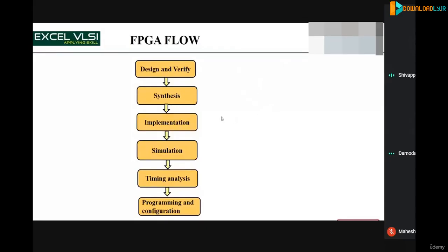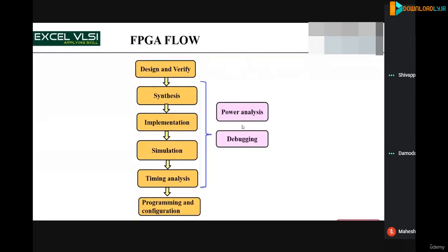So this is in a nutshell about the FPGA flow. So throughout you do a couple of analyses, that is power analysis you do, and your simulation you debug for the functionality, whether it is working correctly, and also the timing analysis, the timing closure, meaning whatever your budget. To give a simple example, you have designed this device to work at a particular frequency, right?